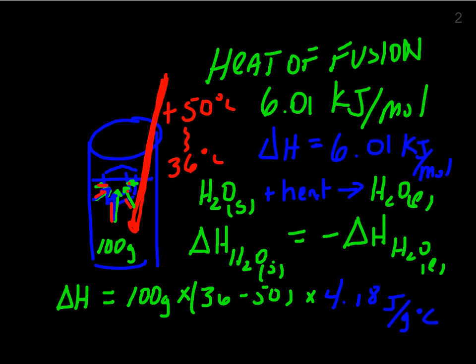So now all I got to do is multiply that through, and I'm running out of time, so I got to make this fast. So 100 times 14 times 4.18 gives negative 5,852 joules of energy.